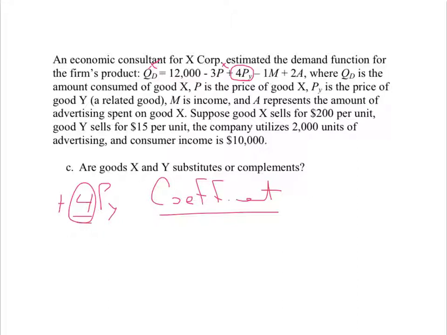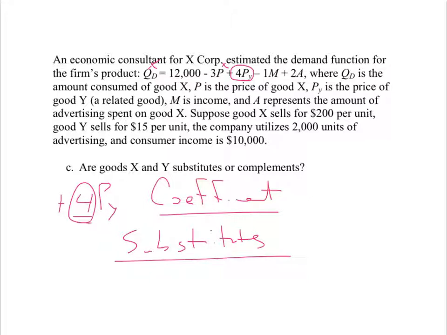Well, when you have a positive relationship between the price of a related good and the demand for another good, we're looking at substitutes. As the price of good Y, Sprite, goes up, what will happen to the demand for 7-Up?